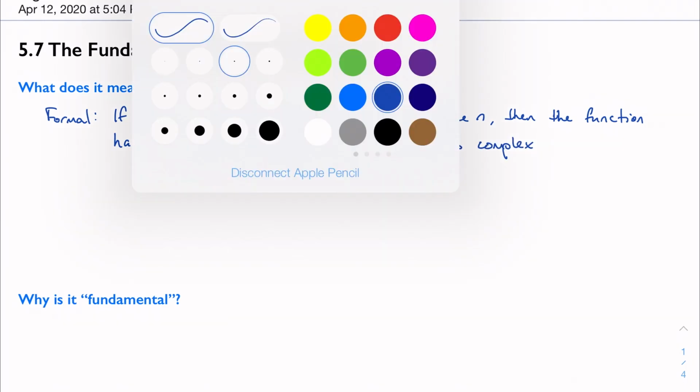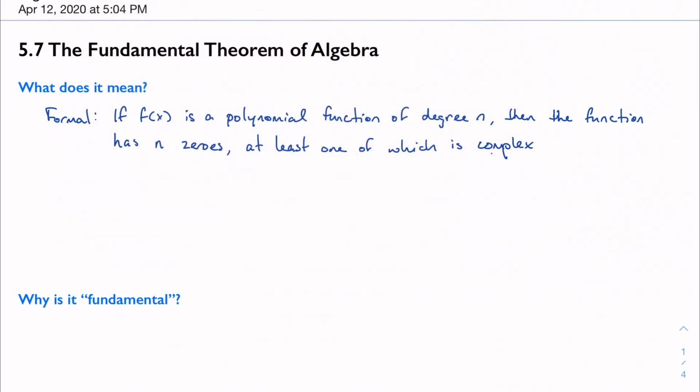So now we're starting to dive into the realm of imaginary solutions.